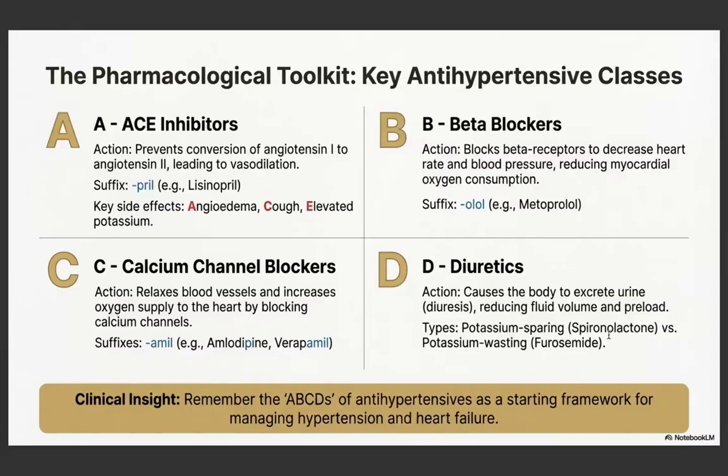So we have to make sure that we're monitoring those levels. But for hypertension, the reason why these lower blood pressure is because we're getting the fluid off of them. But eplerenone, which is potassium sparing, and some other thiazide diuretics can actually be used as a first line treatment for hypertension.